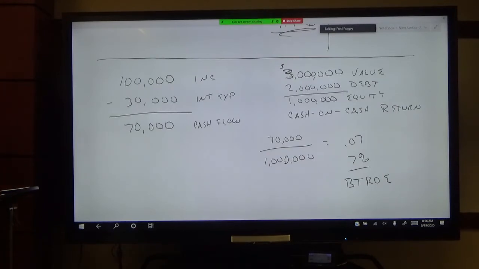And the income we're talking about here is going to be our net operating income. This is going to be our interest. And then this is ultimately going to be our before tax cash flow. And we'll make some modifications to that as we go through, but at least for right now, that's what we need to focus on.